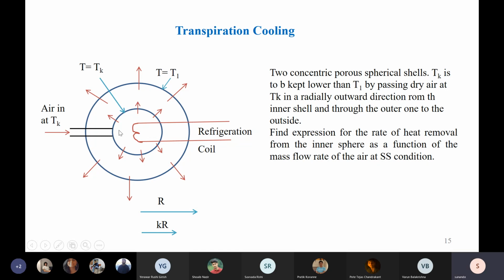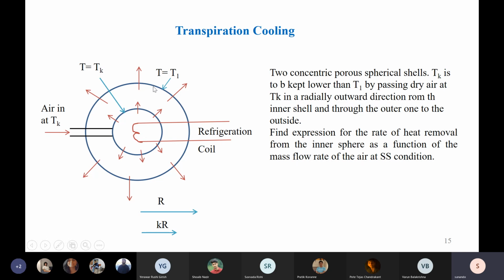What we are providing now is a flow in a direction opposite to that of the conductive flow. So I am creating a convective flow which runs against the conductive flow, a convective flow of heat which runs counter to the conductive flow of heat, hoping that would reduce the amount of heat that reaches from the outer sphere to the inner sphere.